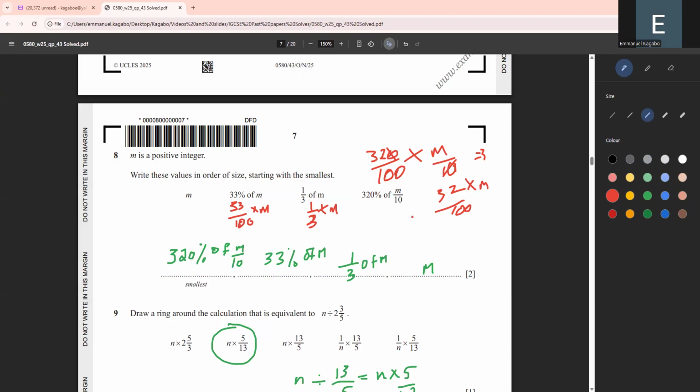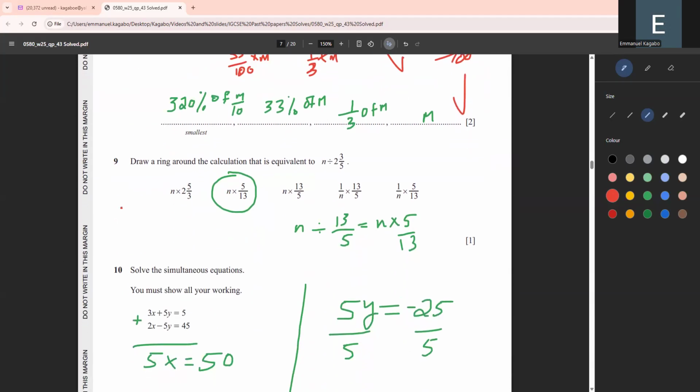Because it's 32/100 of M. Okay, so it's the smallest because this is 33/100 of M. This is 1/3, which is like 33.3% of your M. So this is the smallest, followed by 33%. This is 33.3, followed by that, and then the last one will be that one.